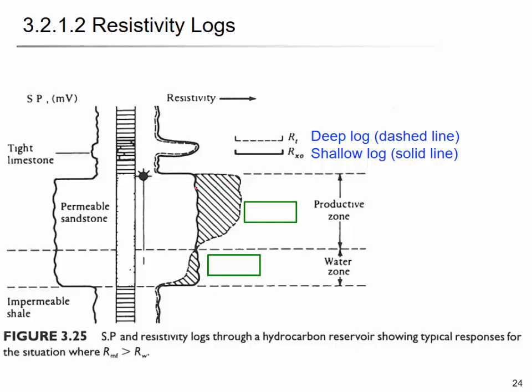So shallow is just more like flat, and the dashed one has higher values, and then it becomes lower than the shallow log, and the shallow log represents mud resistivity, right?